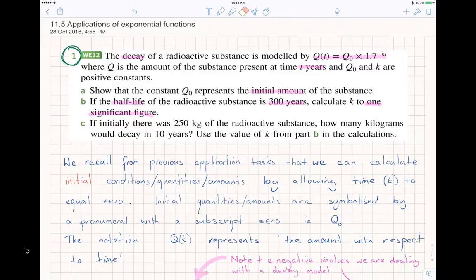So initial quantities or amounts are usually symbolized by a pronumeral that has a subscript 0. So for this question, that symbol here, that Q of 0, is a representation of an initial amount. The notation Q of T, now we've seen things like this before because we've done F of X. So all it's saying is that it is the amount with respect to time.